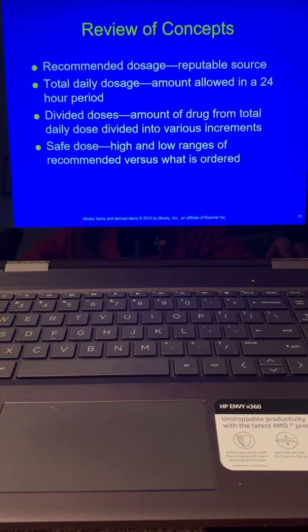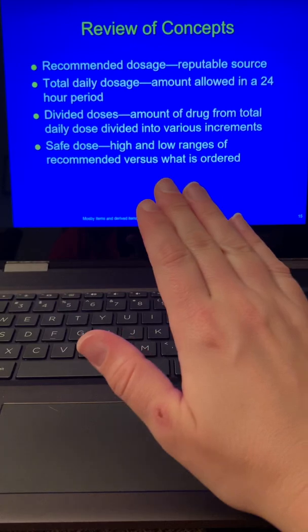So you're going to have a recommended daily dosage. Like I said, it's going to be in milligrams per kilogram. So this is going to be specific to each medication, and then you're going to find out what that recommended daily dose is for your specific patient. So we have a safe dose range, okay?